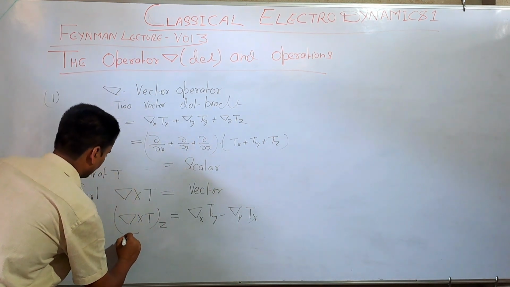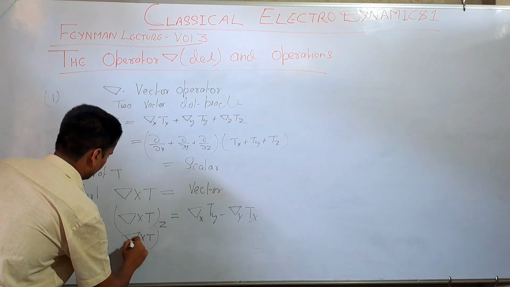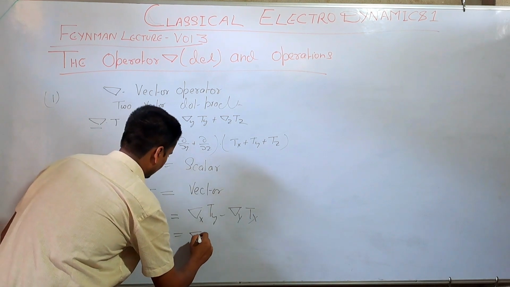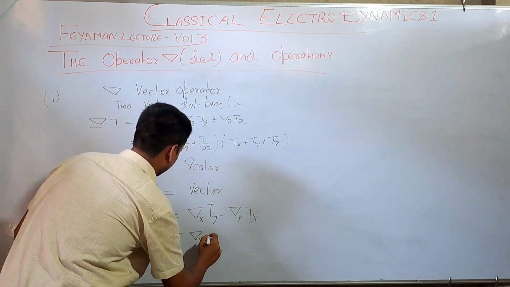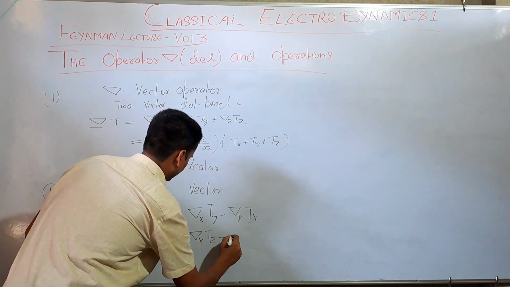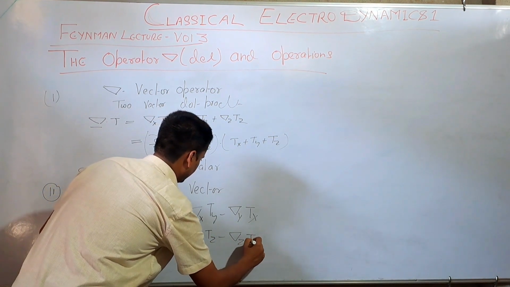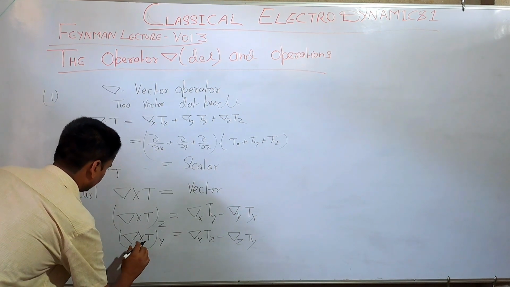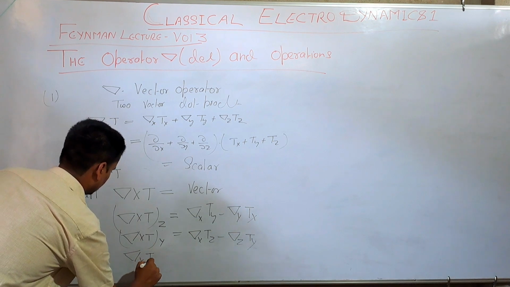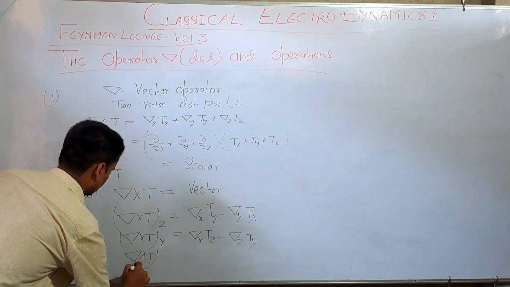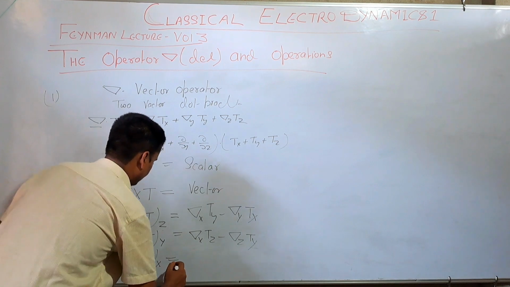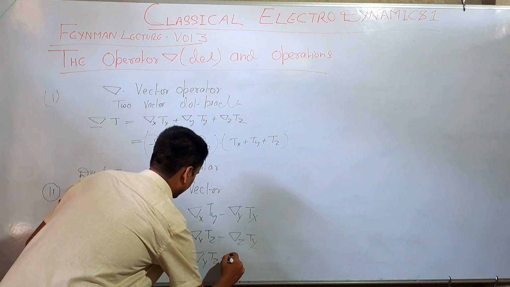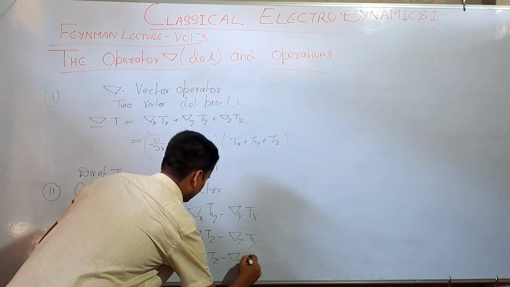Same way, curl of T in the y direction is del z Tx minus del x Tz. Same way, in the x direction, it is del y Tz minus del z Ty.